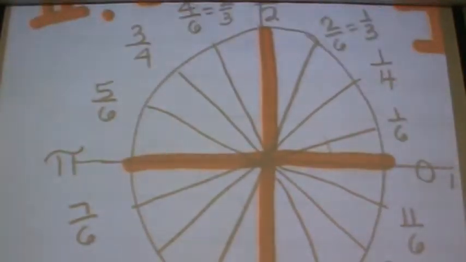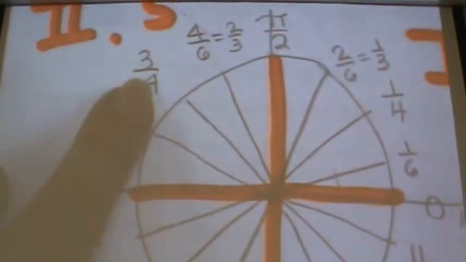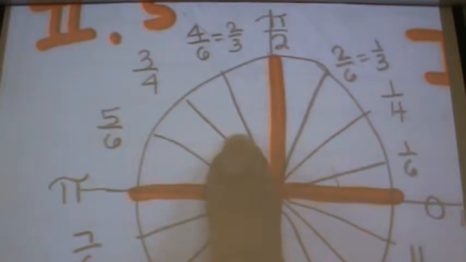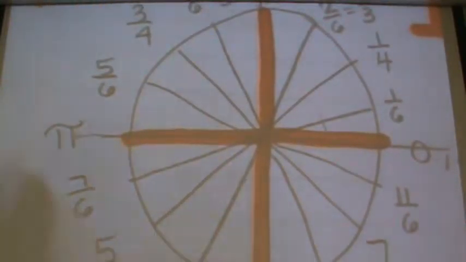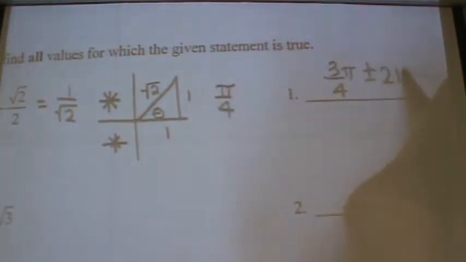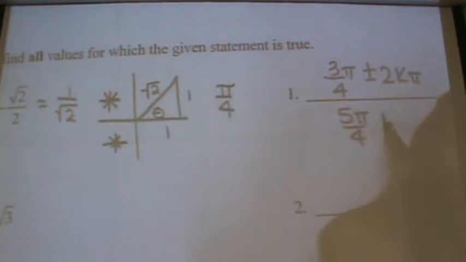Where are they? 3 pi over 4. So from here to here, 3 pi over 4 and 5 pi over 4. So do you understand that? So it's 3 pi over 4 plus or minus 2k pi and 5 pi over 4 plus or minus 2k pi.